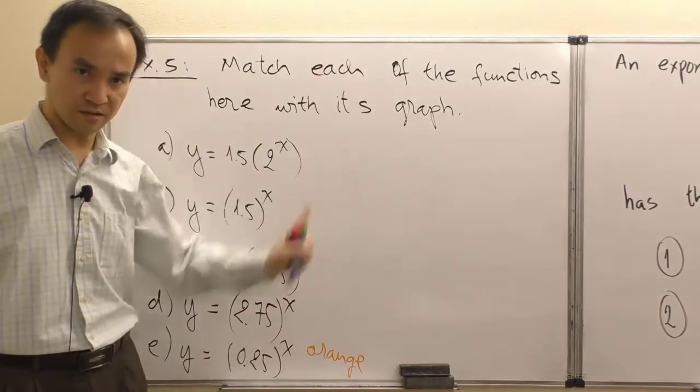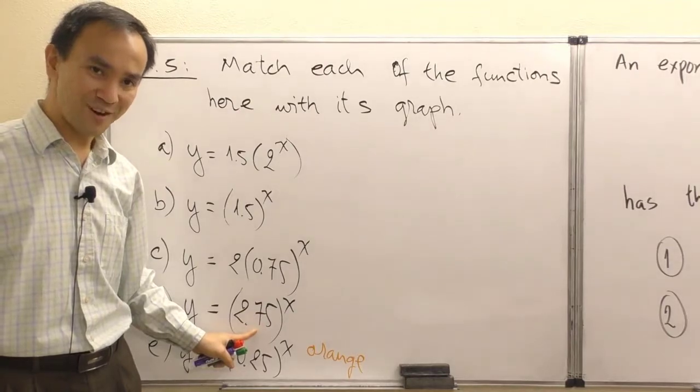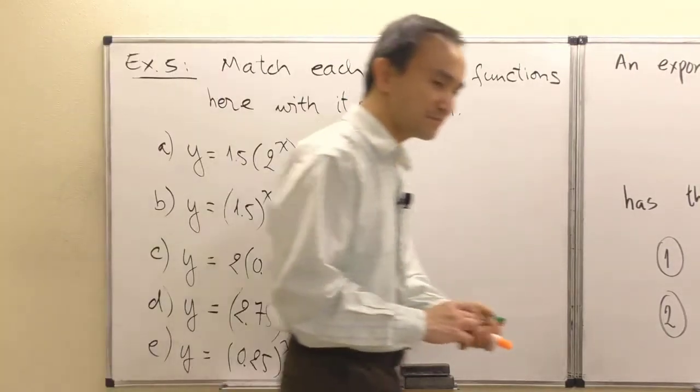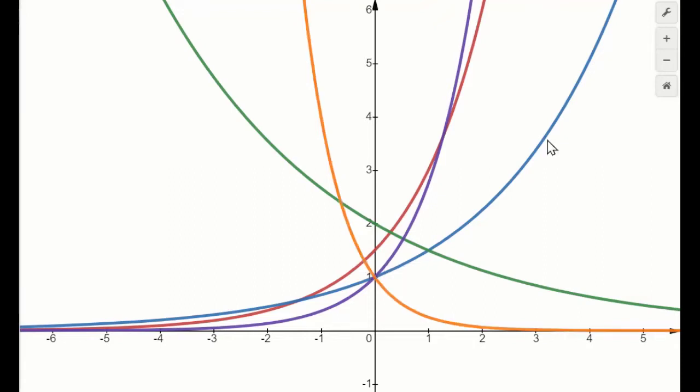So on our graph, the purple and the blue are the only 2 remaining ones after we already ruled out the orange one. The purple is a lot more rapid compared to the blue one.